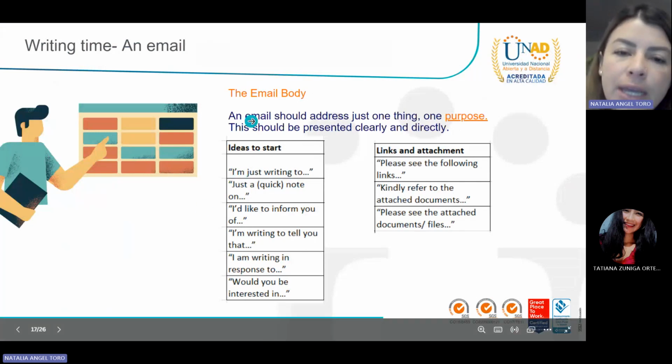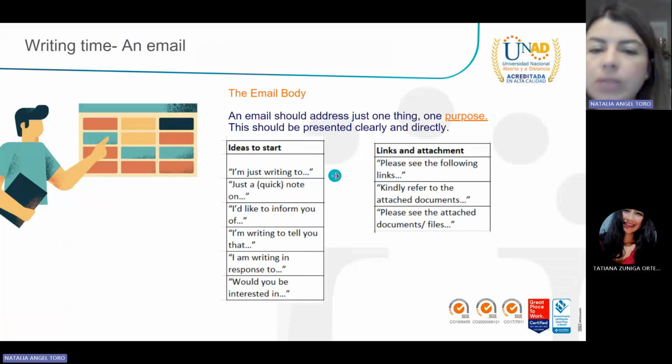So, here you can find some ideas to start your email. So, for example, hey, I'm just writing to, te estoy escribiendo solo para, I'm just writing to remember our meeting, to remember our class. Just a quick note on, entonces solo una pequeña nota sobre, our speaking class.